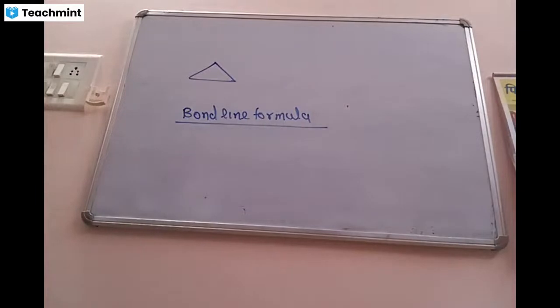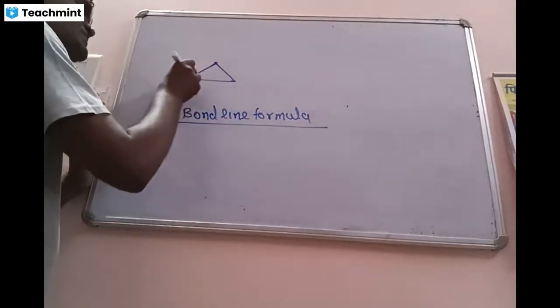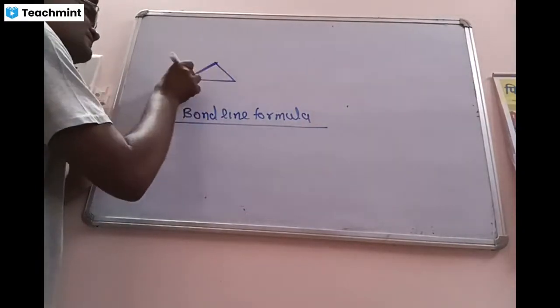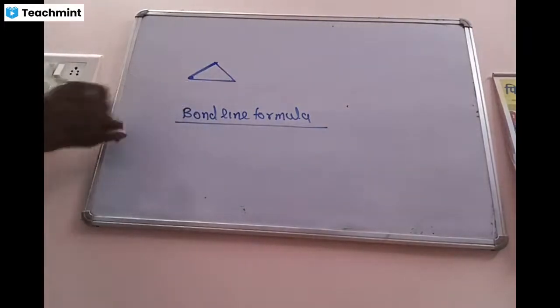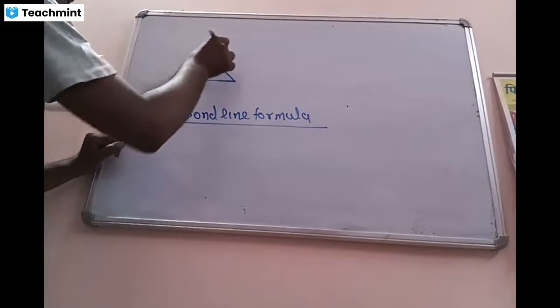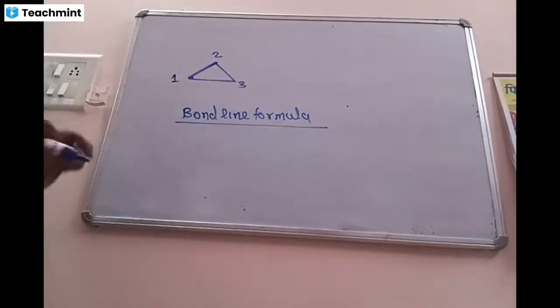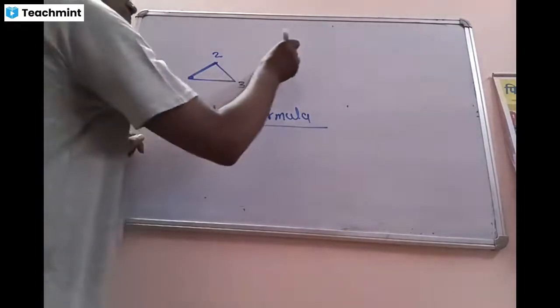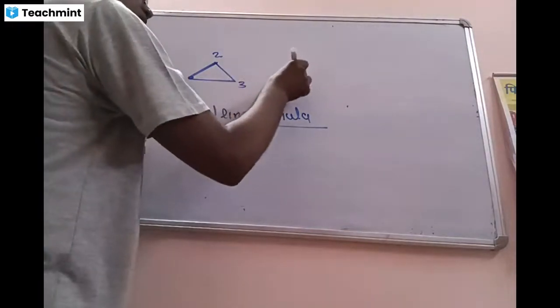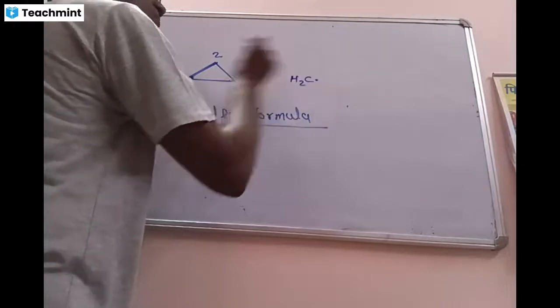Yes. Yes. So here is an intersection of two lines. So this is point number 1, this is point 2 and point 3, right? Where there is an intersection of two lines. When two lines meet with each other at this point, then that represents CH2.